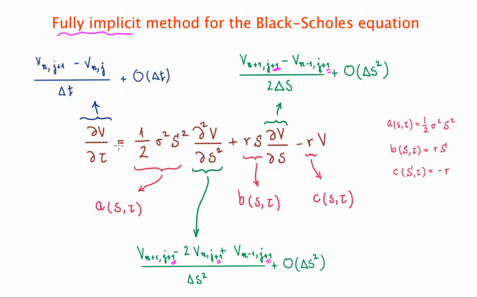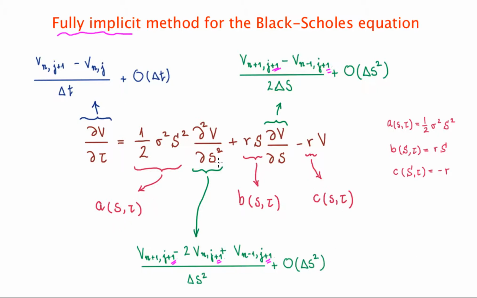That's the only difference, because otherwise the finite difference representation that we are going to take for all the partial derivatives arising in the Black-Scholes equation is going to be the same. And besides that, everything on the right is going to be evaluated at time j plus 1. So A, B, C are going to be evaluated at time j plus 1.